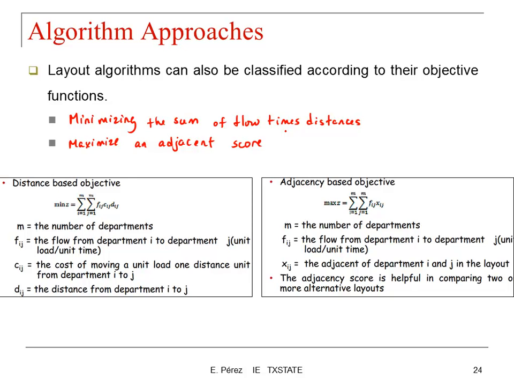Now, the second bullet is related to the other one. That one is trying to maximize the adjacent score. And here we have just the flow information and the score for the relationship between those two departments. So these are qualitative measurements.